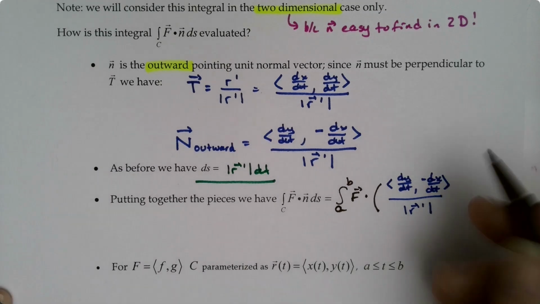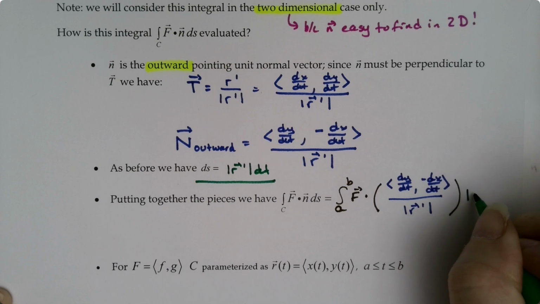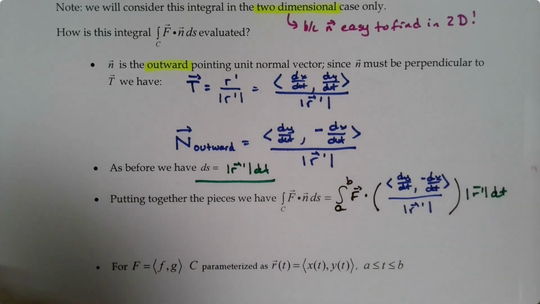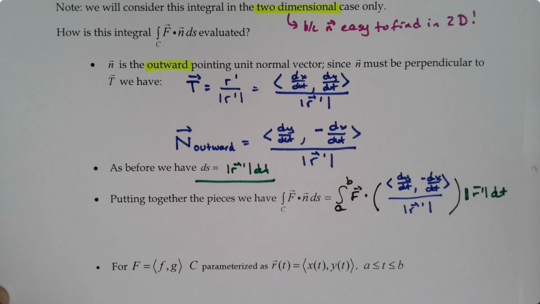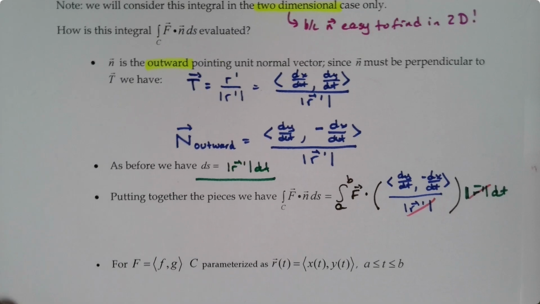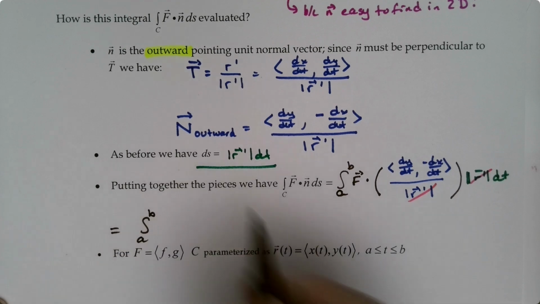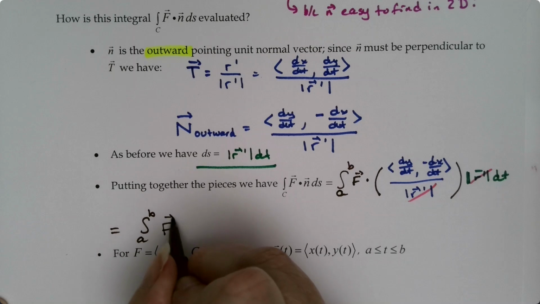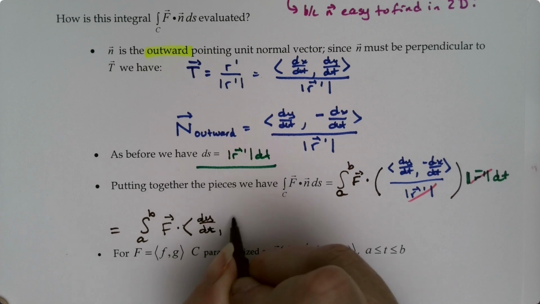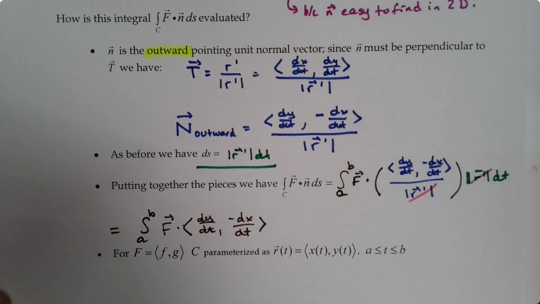And then we would multiply it by ds, which is the magnitude of r prime dt. Well, obviously the magnitudes of r prime are going to go away, and that leads us to the integral from a to b of f, the vector field, dotted with dy/dt comma negative dx/dt, dt. And again, that negative is in the back to get you the outward. I should have mentioned that, right?